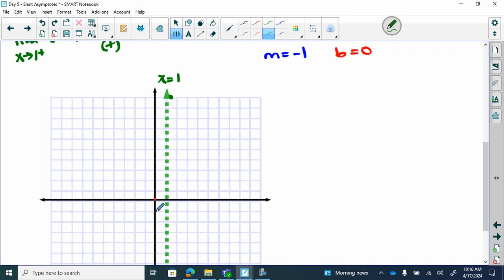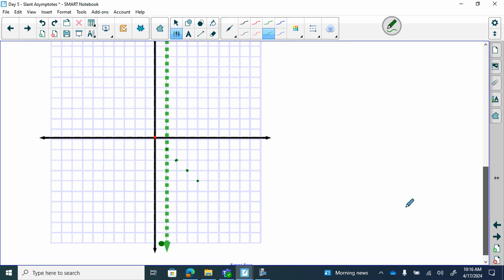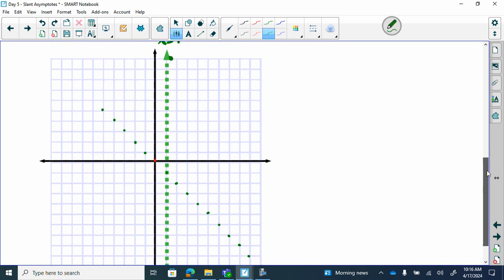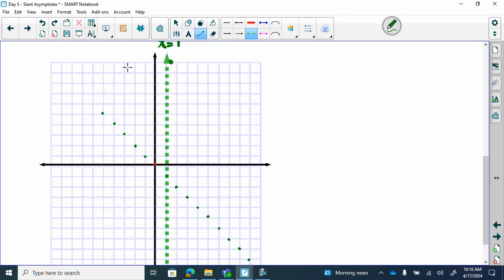I go down 1 and right 1. Down 1, right 1. I guess, Lucas, you could think of it the way you suggested. I could go up 1, left 1, up 1, left 1. And I'm going to join those with a slanted dashed line.